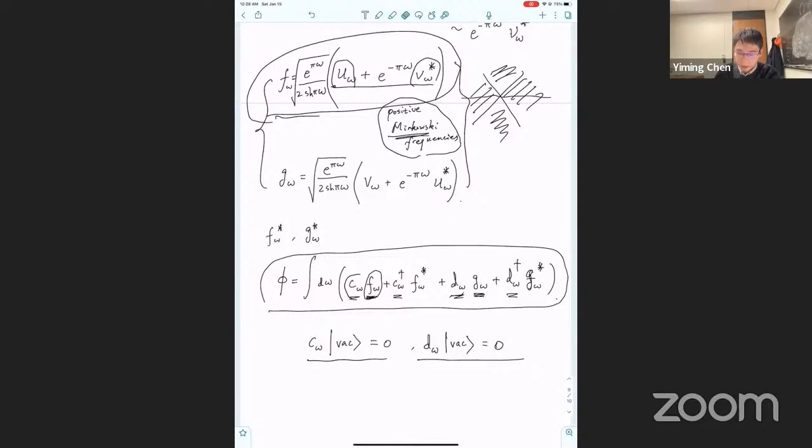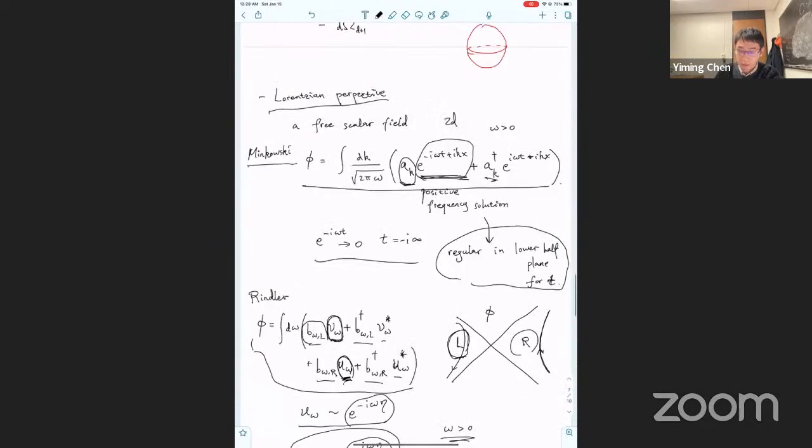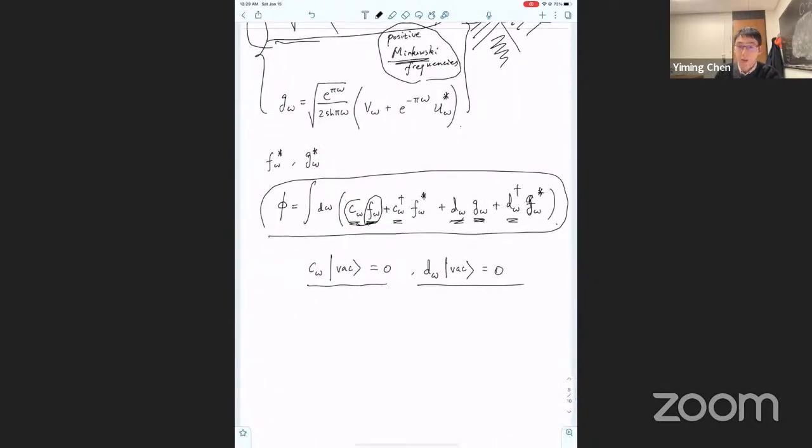They will not be a single frequency mode. There will be some linear combination of those. But both of them only involve positive frequencies. The stars are for the negative frequencies, so they are associated with creation operators.